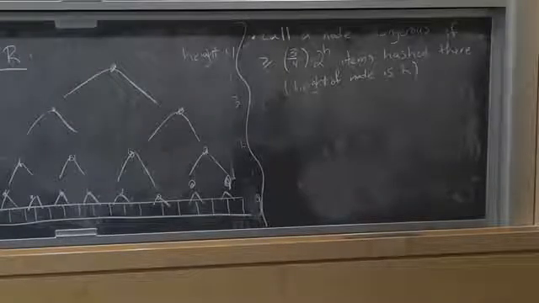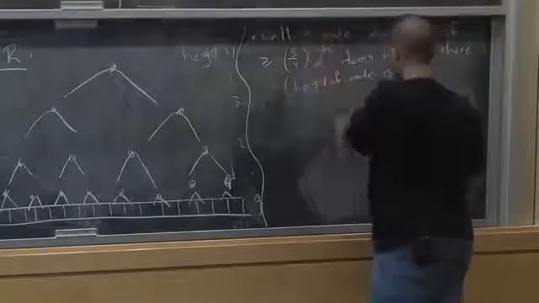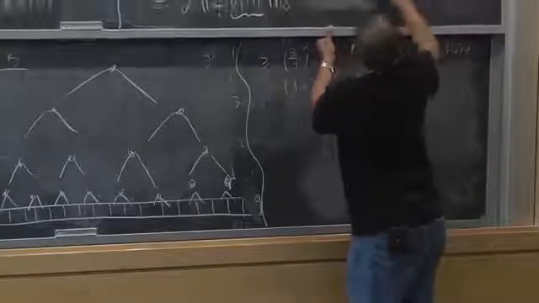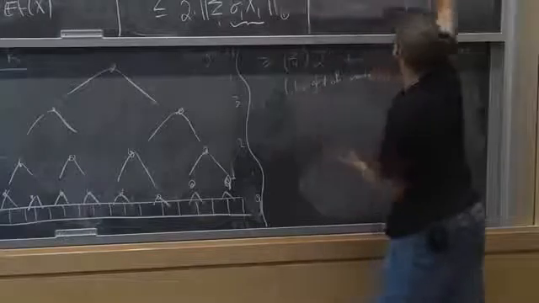Okay. So now what's the point? The point is, oh, I really shouldn't have erased that sum. So let me just write something up here. At some point, we had this on the board.